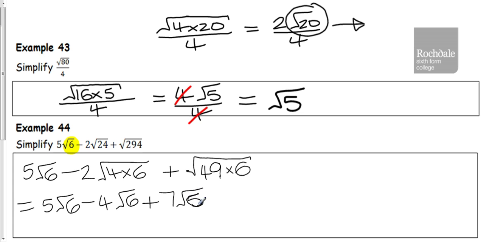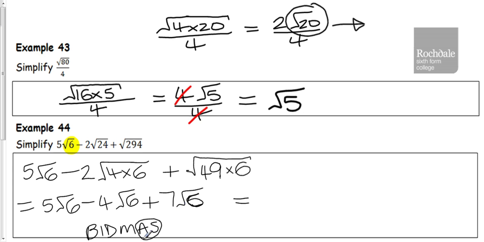So each of the 3 terms have been simplified, and then I noticed they are all like terms. That's a multiple of root 6, that's a multiple of root 6, and so is that. So let's connect them together. Now, using the laws of BIDMAS, or BODMAS, we know adding and subtracting have to happen last.